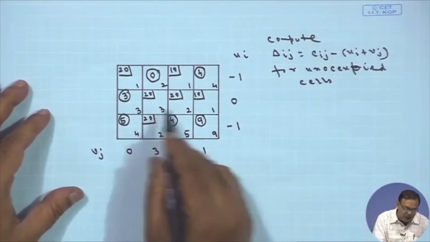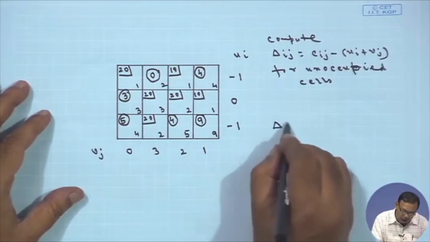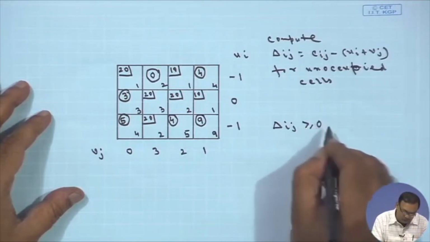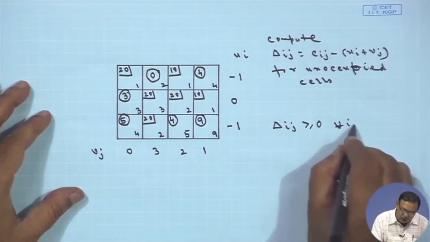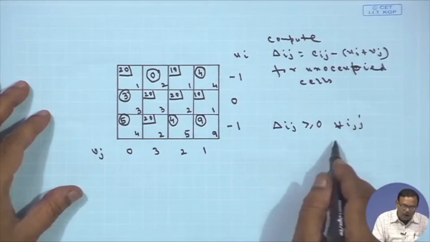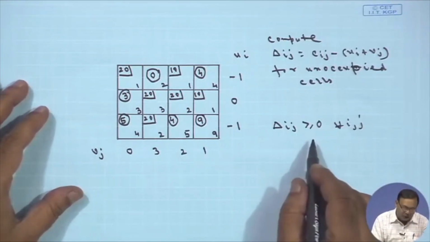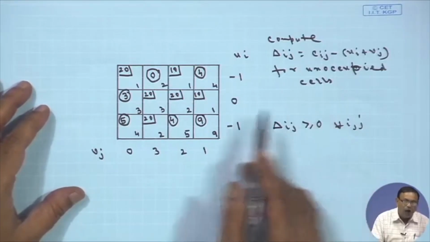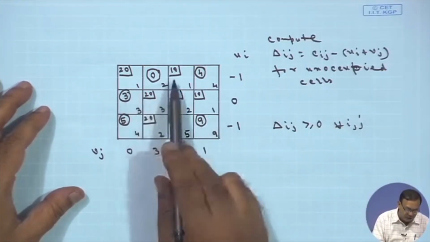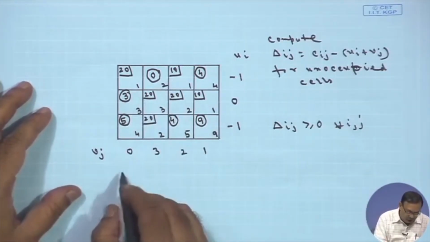So, if you see here, all delta ij are greater than or equal to 0 for all i, j. Since all delta ij are greater than or equal to 0, therefore the initial solution whatever you have made here is optimum.